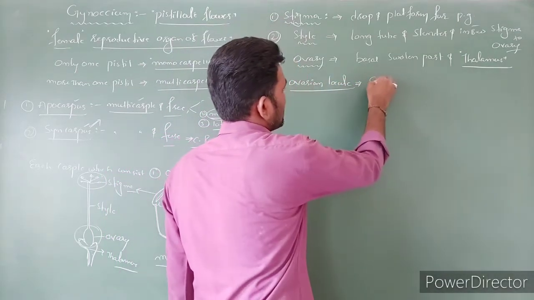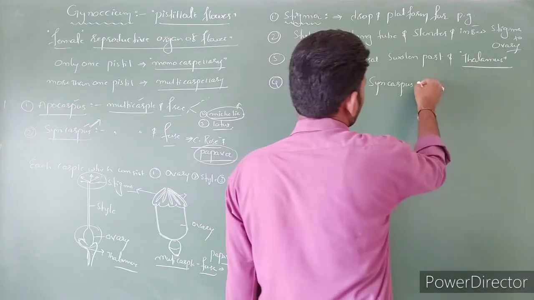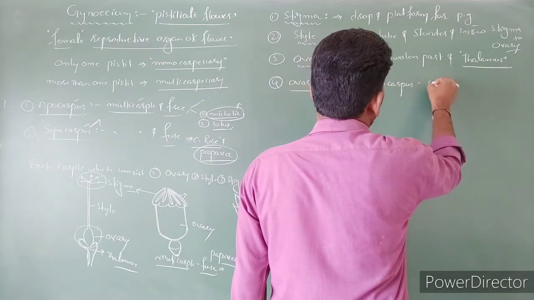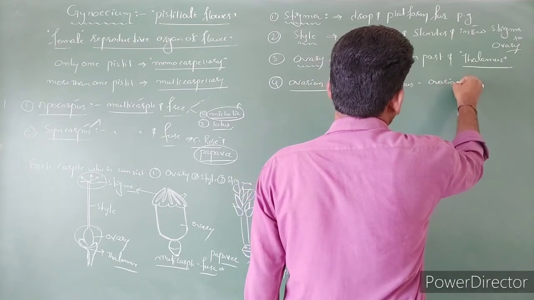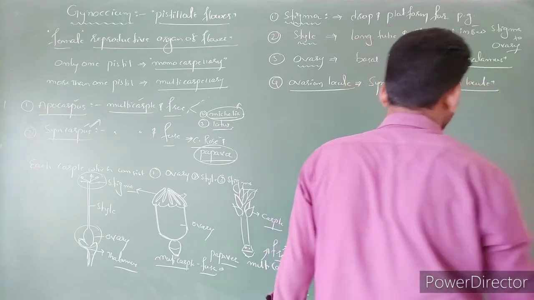In case of syncarpous, we can notice ovarian locules.